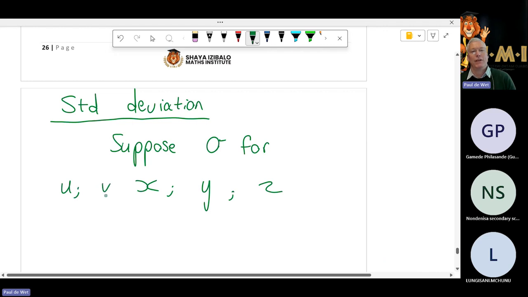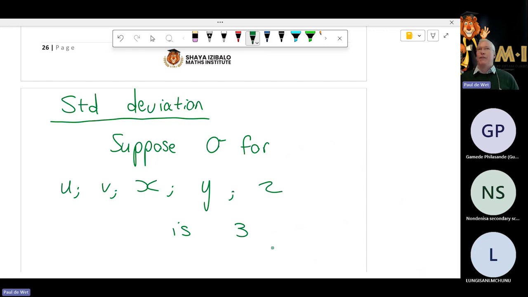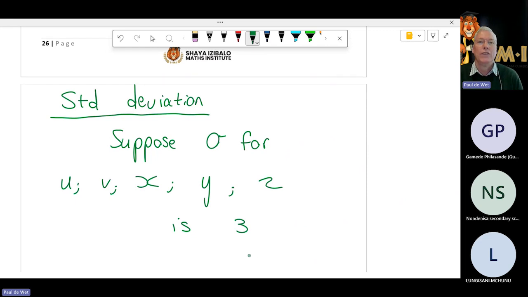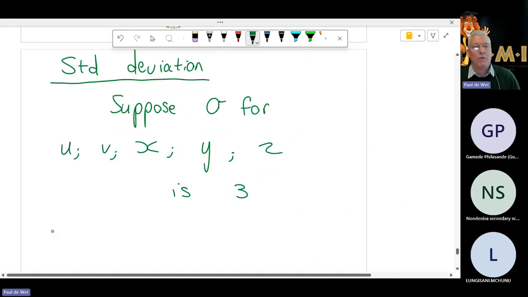So we've got 5 numbers, U, V, X, Y, and Z, and the sigma for those 5 numbers is 3. Now, guys, remember what standard deviation is. It's a measure of how spread out they are. So now the question is, find sigma for these 5 numbers.